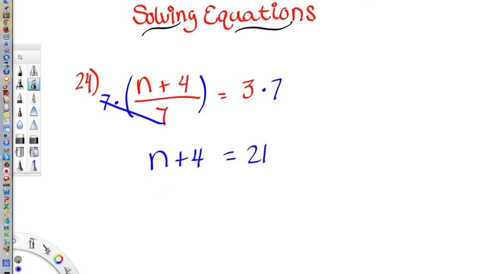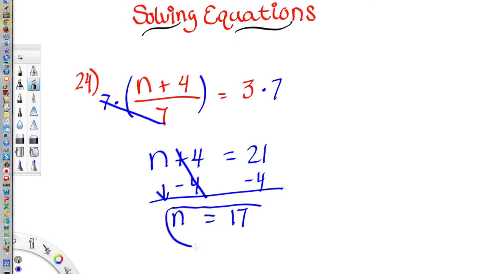I need to now get rid of the plus 4, the last operation that is being applied to the variable, which the inverse of plus 4 is minus 4. What I do to one side, I do to the other. The 4's cancel each other out, and I'm finally left with the variable in isolation. N is equal to 21 minus 4, which is 17. N is equal to 17.